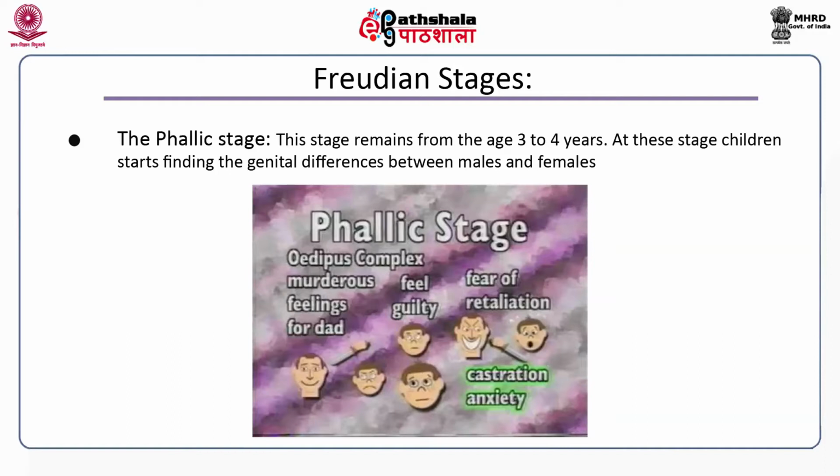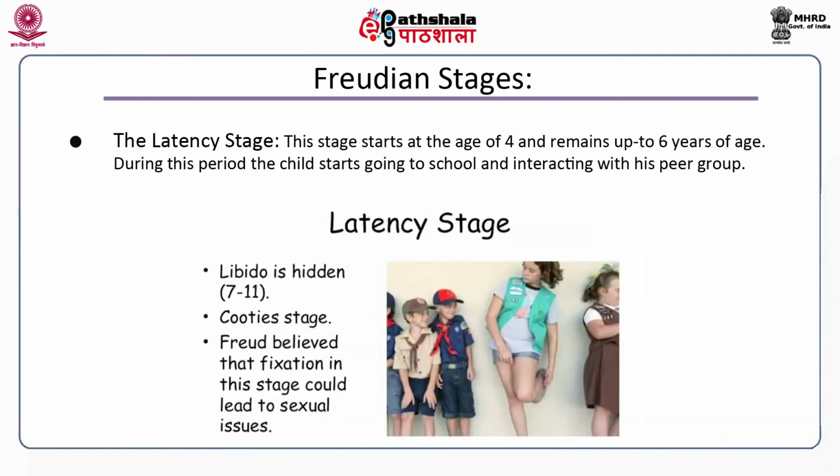Number 4 is the latency stage. This stage starts at the age of 4 and remains up to 6 years of age. During this period, the child starts going to school and interacting with his peer group. At this stage, he starts developing his habits and other interests.